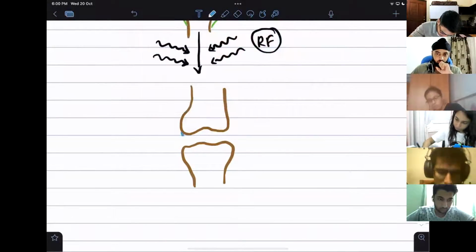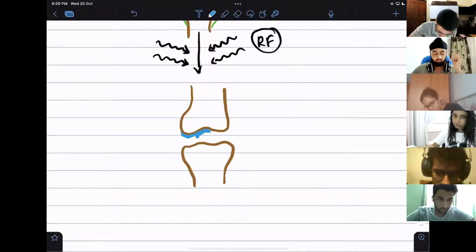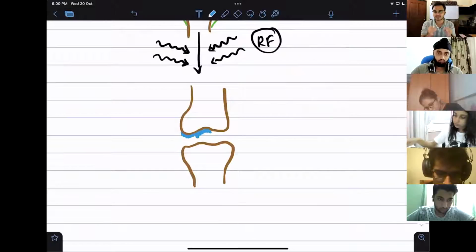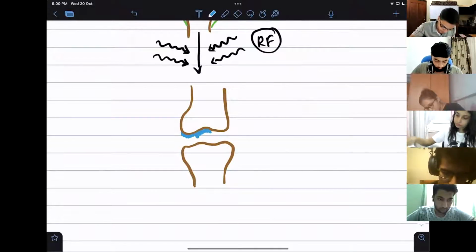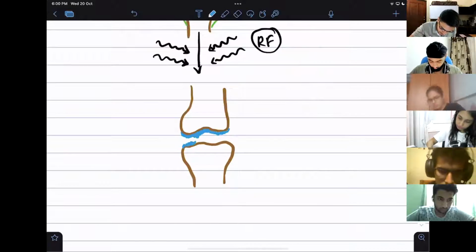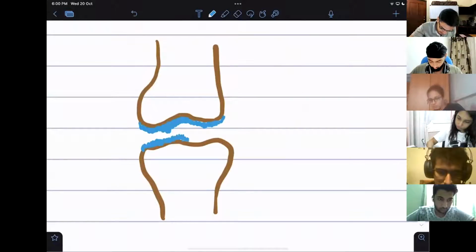This cartilage will become a little bit irregularly shaped. Previously it was a nice glassy, smooth, porcelain-like shape. Now it's going to become a little bit irregular, something like this. You can draw a slightly irregularly shaped cartilage.